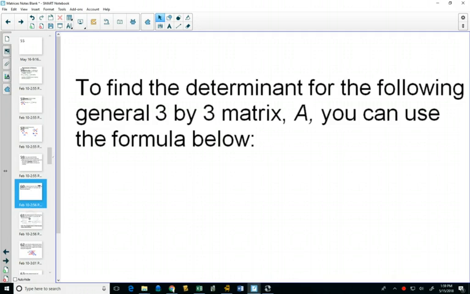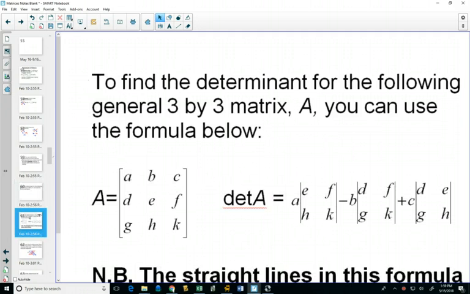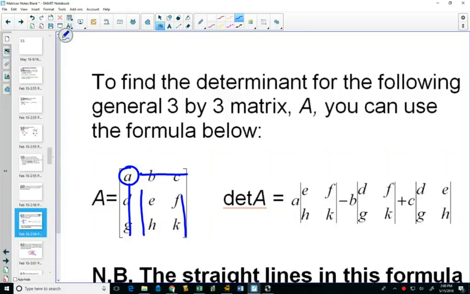Here's a nice formula to remember. Okay? So where does that formula come from? If you take A and ignore everything in that row and column and take the determinant of this, that gives you this part. Then you subtract.